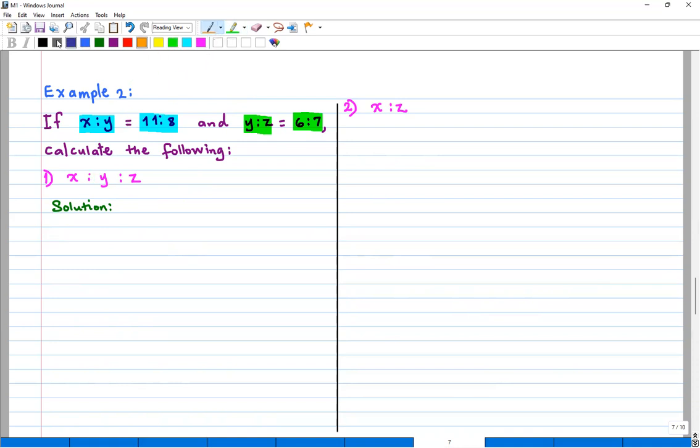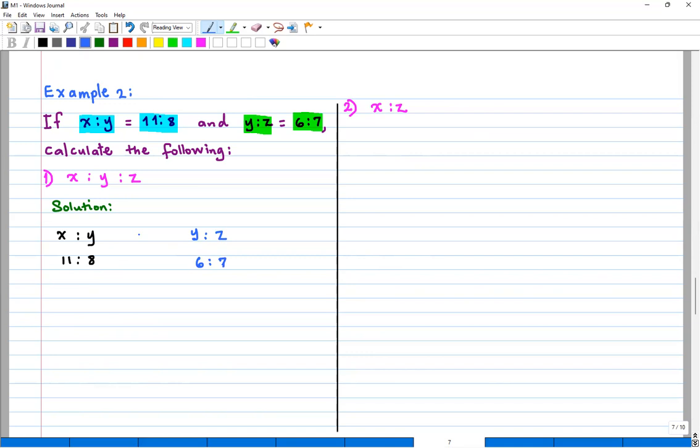Now, we know that x to y means 11 to 8. But at the same time, we know that y to z is 6 to 7.